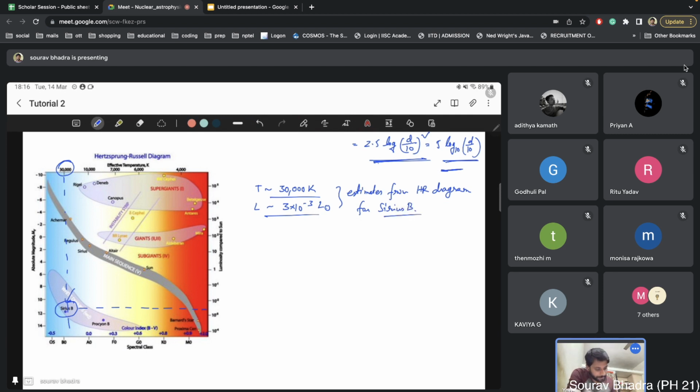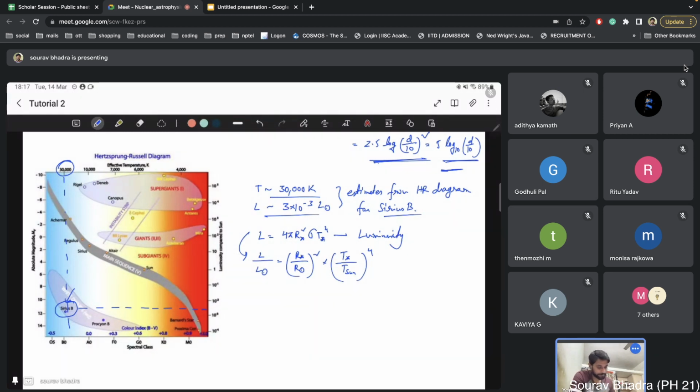Now as I told you, L equals 4 pi r star squared sigma T to the power 4, the luminosity, valid for any star. Now L by L sun is (r star by r sun) squared times (T star by T sun) to the power 4. It comes from here: the luminosity of the star is 4 pi r star squared sigma T star to the power 4, and for the sun it is 4 pi r sun squared sigma T sun to the power 4.